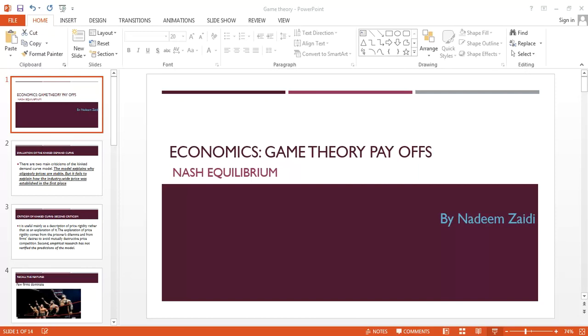If they make an undercut, they don't sell the product at $1 like firm B, they're selling at 0.9. They are making a revenue of $2.2 million. Now that is the higher payoff. So here, let's say I have underlined this 2.2 million. It means that this firm is going to price the product at 0.9.